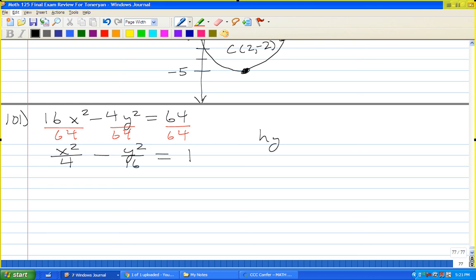This is a hyperbola. The center of my hyperbola is the origin. A is 2. B is 4. C would be the square root of 20, 2 rad 5.